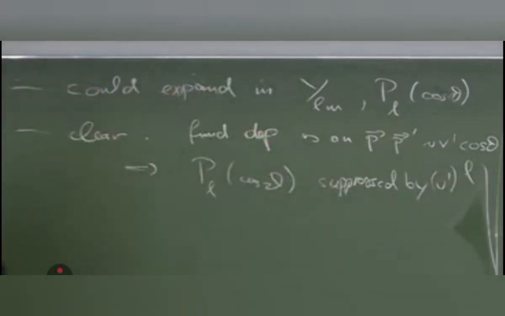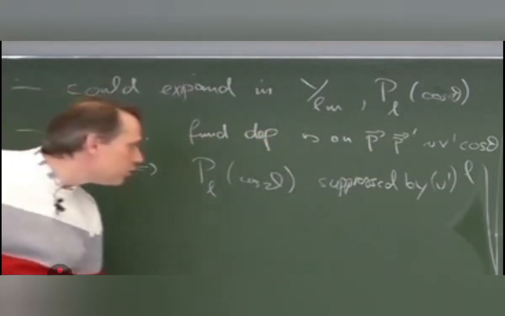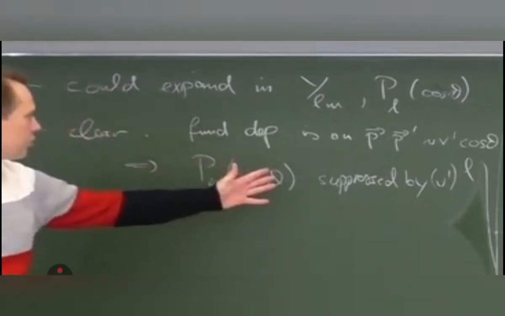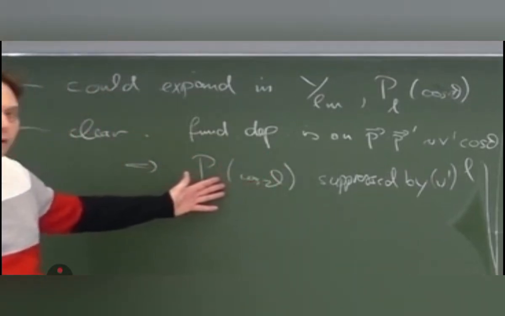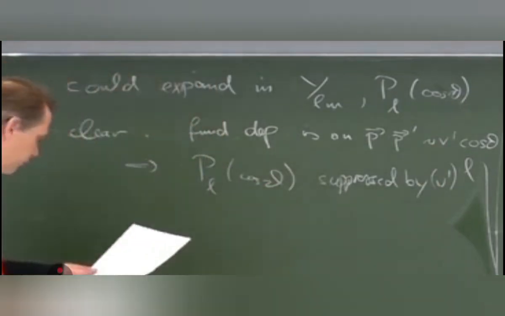And here, of course, it's a polynomial, so it stops at L equal 2. But in general, you would immediately know that the higher L's, the more complicated angular dependence is suppressed by higher and higher powers of the velocity.